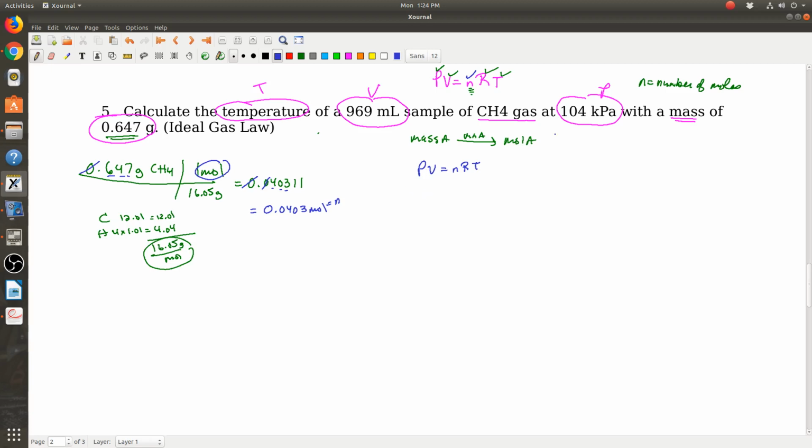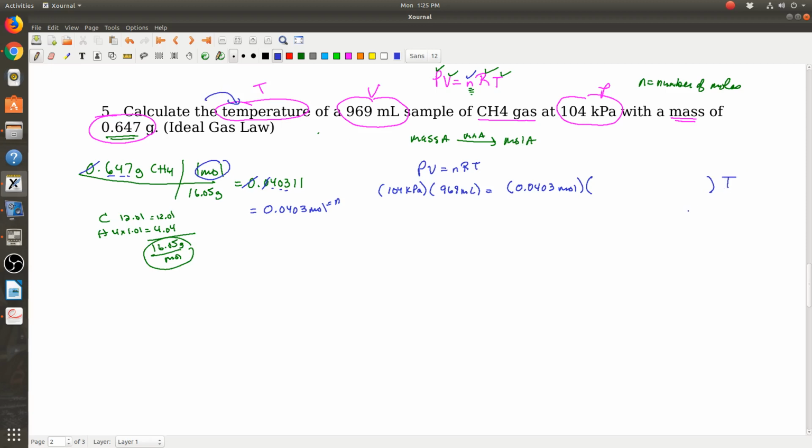All right, so the pressure is 104 kilopascals, and the volume is 969 milliliters. n is 0.0403 moles. R I've got to figure out, and the question is calculate the temperature, so T is my unknown.